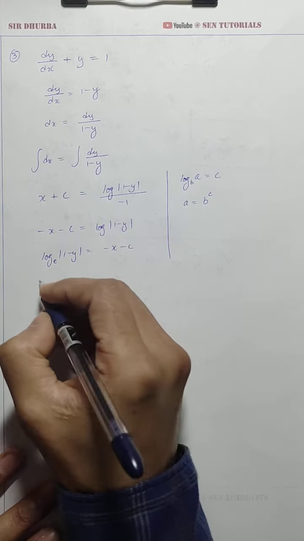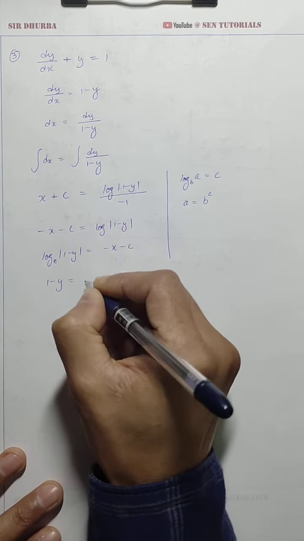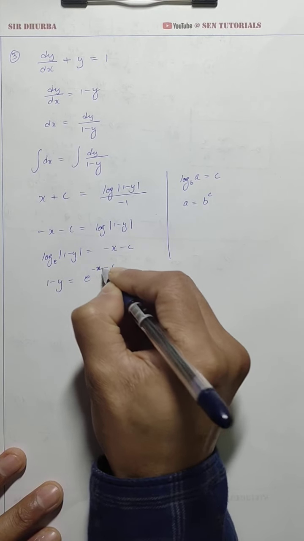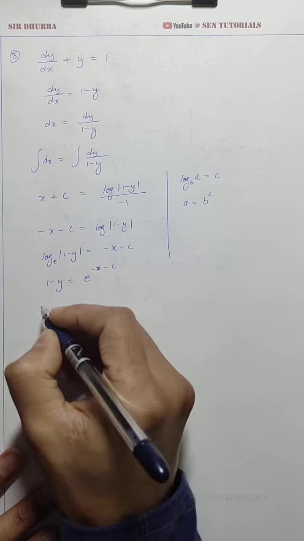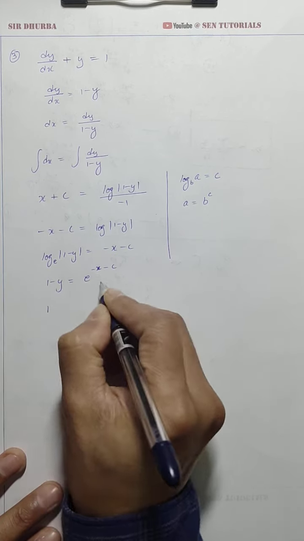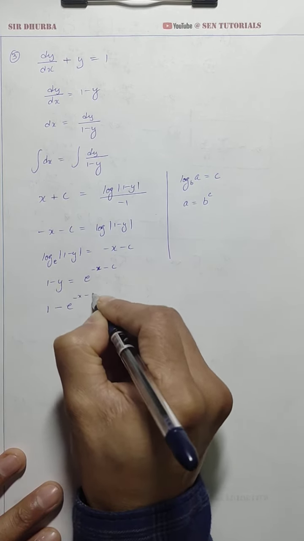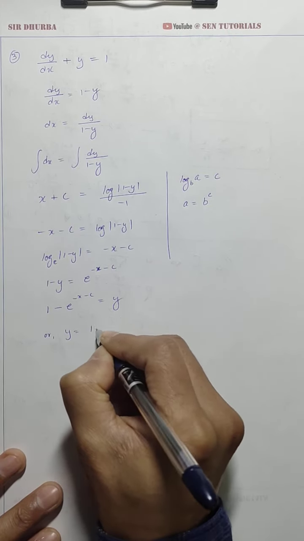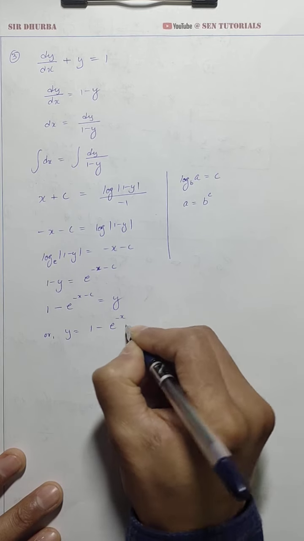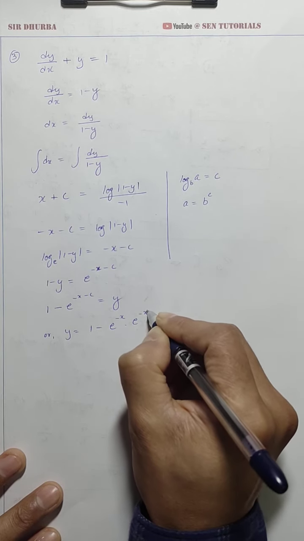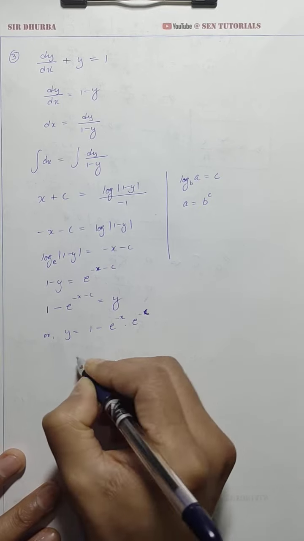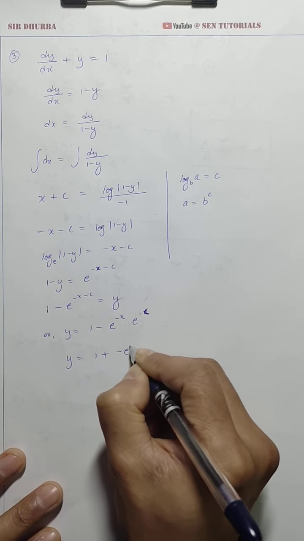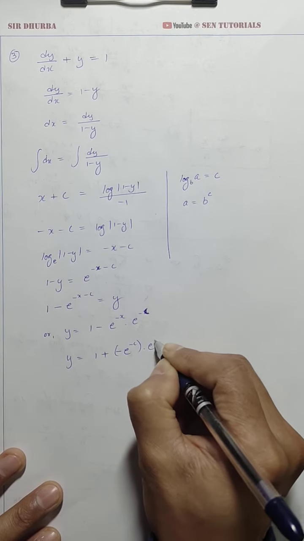So if we apply that here, we can write 1 minus y equal to e power minus x minus c. So 1 minus e power minus x minus c is equal to y, or y equal to 1 minus e power, I'll separate the exponents here, e power minus c, or y equal to 1 plus minus e power minus c into e power minus x.